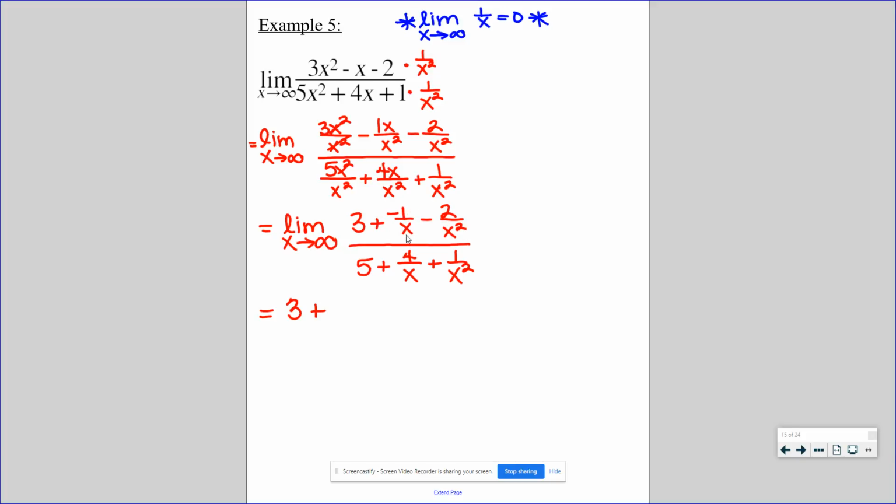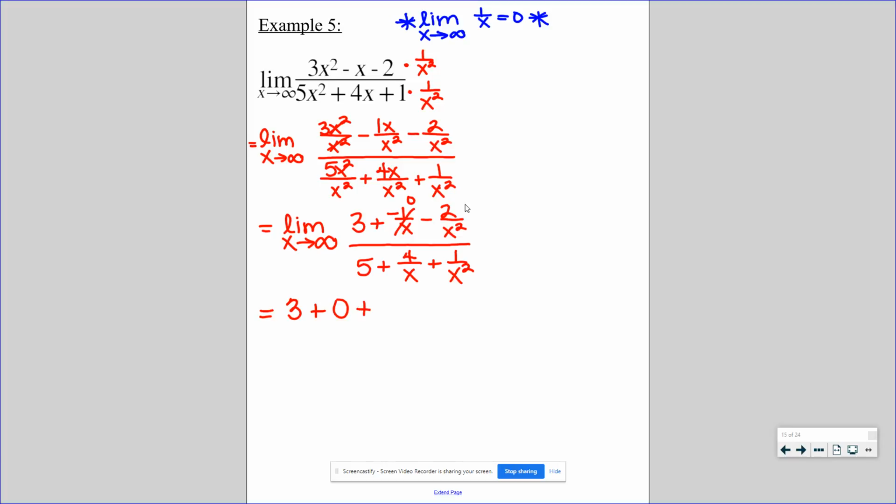Doesn't this look a whole lot like my stick of gum rule? It sure does. And if I know the limit as I approach infinity for 1 over x is equal to 0, then negative 1 over x is not going to be any different, okay? Or you could think of it this way. What's negative 1 divided by an infinitely large number? It's basically like 0, so this is going to go to 0.